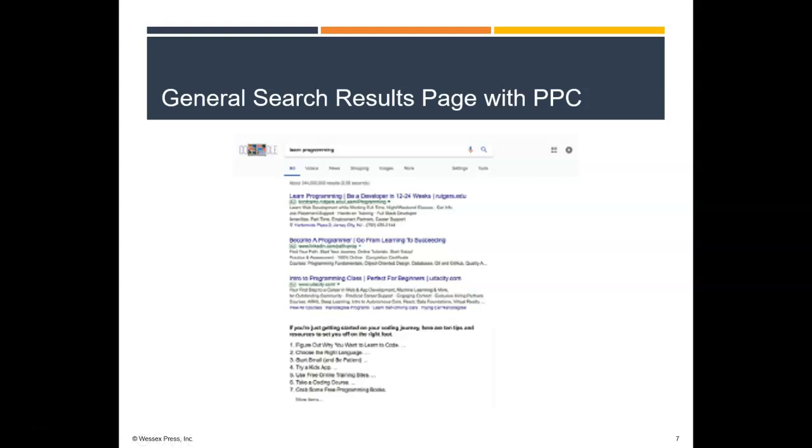General search results page with PPC. This is really blurry, but this looks similar to a Google search. All of these links are what PPC is. I'm not going to say what it is because that's one of your extra credit questions. But if you click on these links, the businesses that these links are linked to are utilizing PPC.